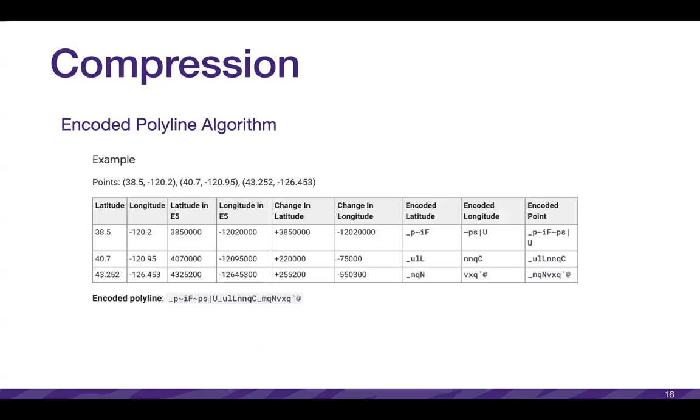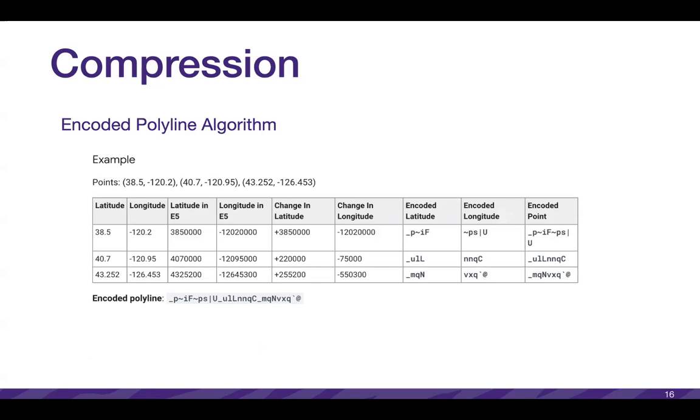There are 3 points. You can see in the 5th column, the change in latitude, it only considers the offset from the first point. And we can change all of the 3 points into a string.